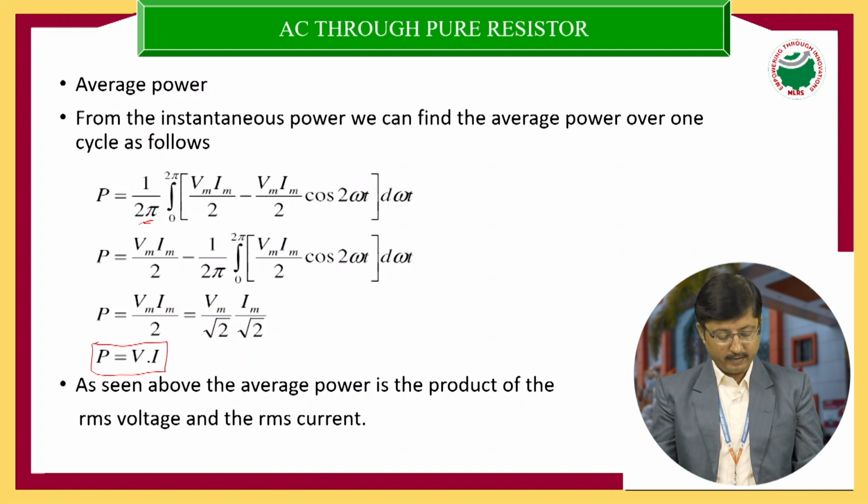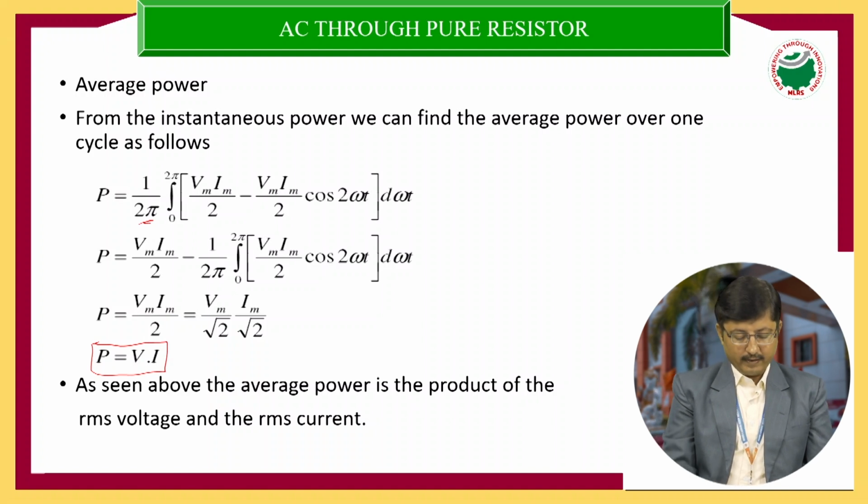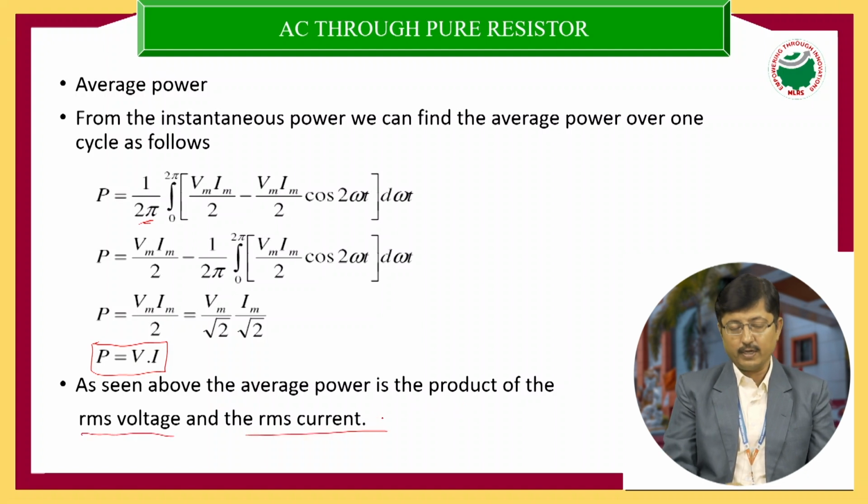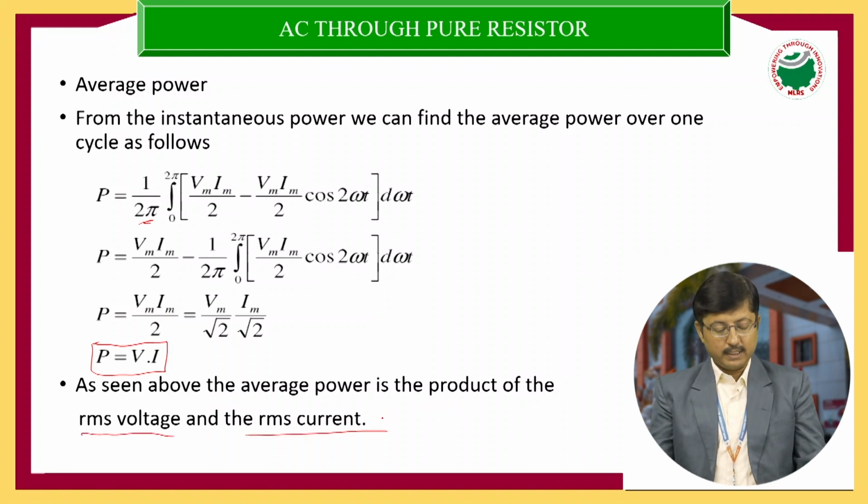Instantaneous power and average power will be the same. So average power is the product of the RMS voltage and the RMS value of the current. This is the instantaneous power and average power of AC through a pure resistor.